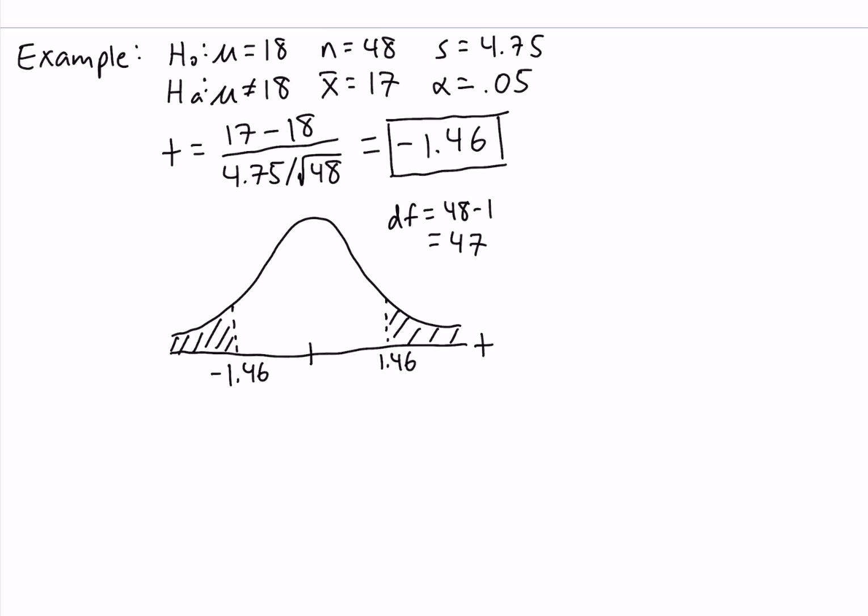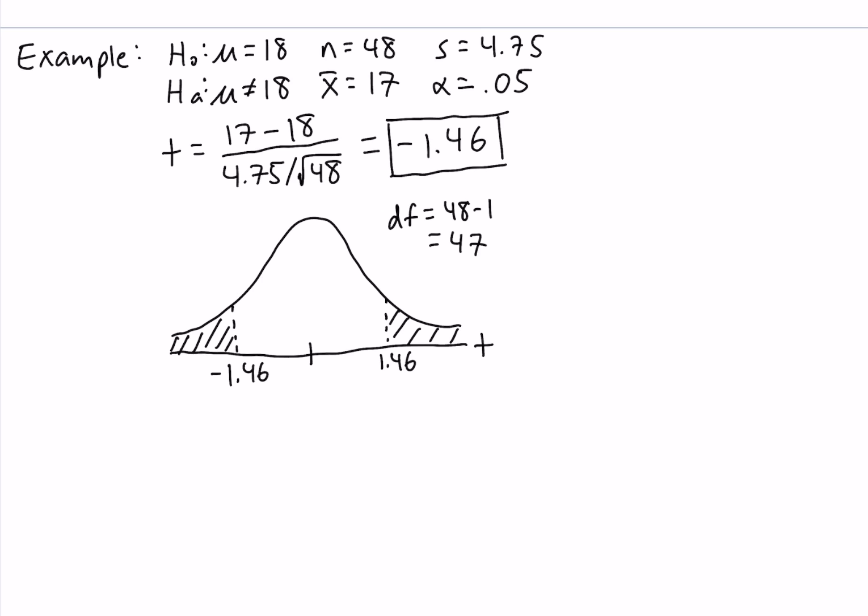So the left side is equal to the right side. To get our p-value, we want to take both of these areas, the area to the left of negative 1.46 and the area to the right of positive 1.46.